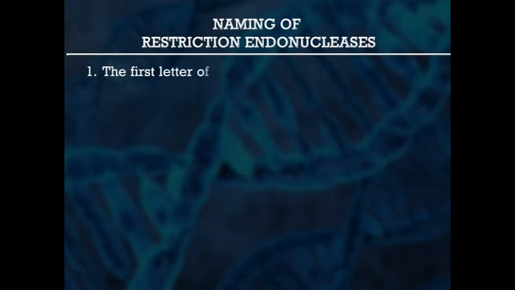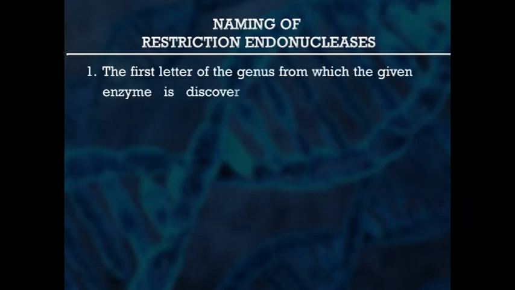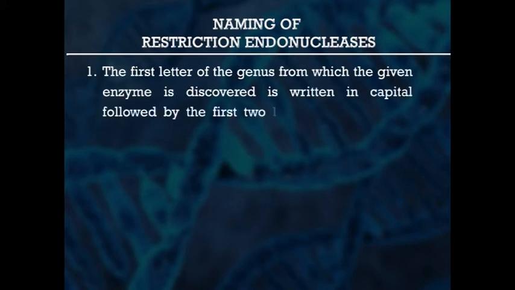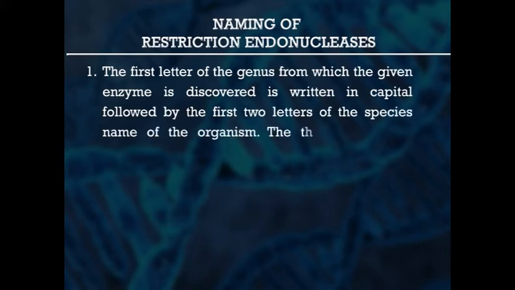The restriction endonucleases are named by following a certain pattern. First, the first letter of the genus from which the enzyme is discovered is written in capital, followed by the first two letters of the species name of the organism. The three letters are written in italics.